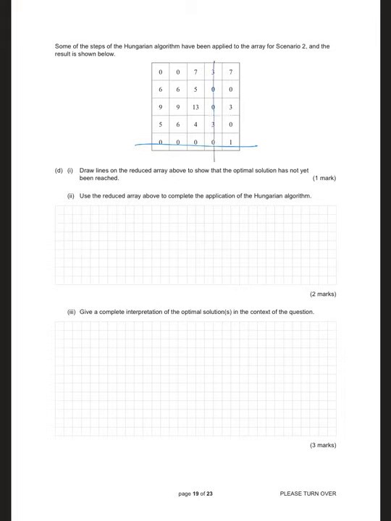Next is 2. Next is 2. There's no more zeros. So 4 lines. I do that in red. It's more time wasted. 4 lines, but 5 rows.